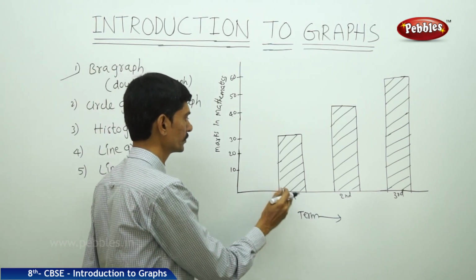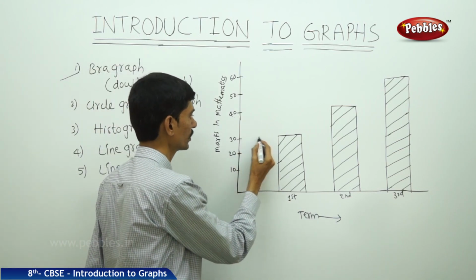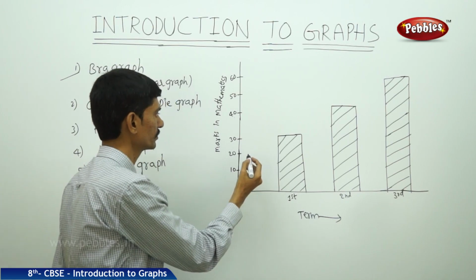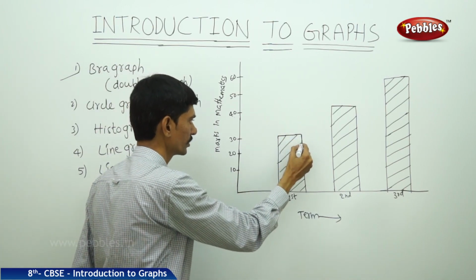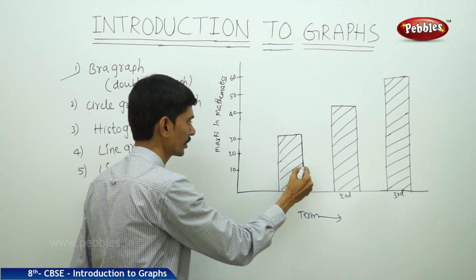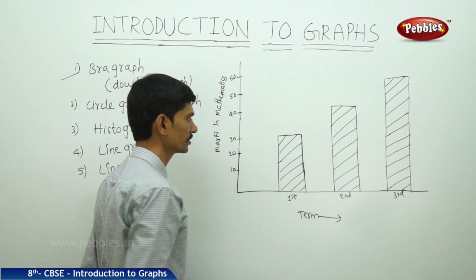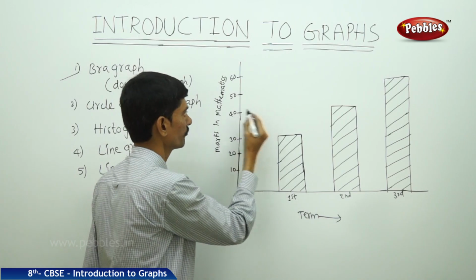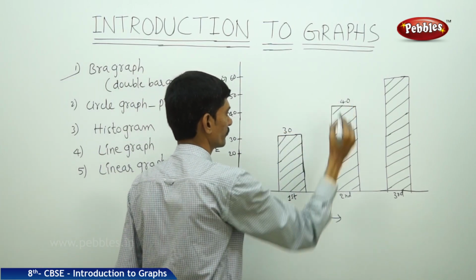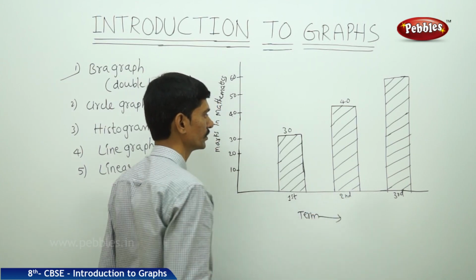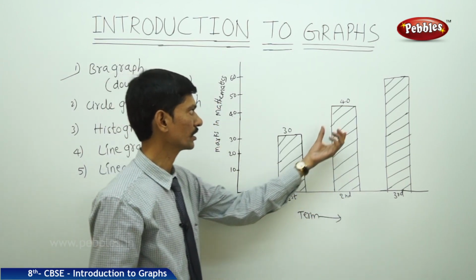In the first term he has got 30 marks in mathematics. To represent the first term maths marks, there is one vertical rectangle, and in the second term he got 40 marks. To represent the 40 marks in the second term exam in mathematics, there is another rectangle.